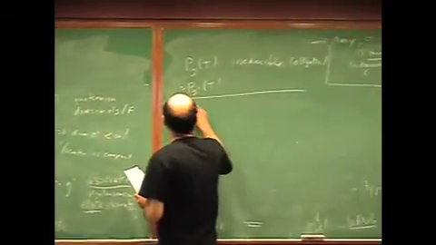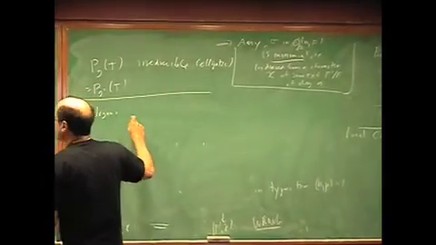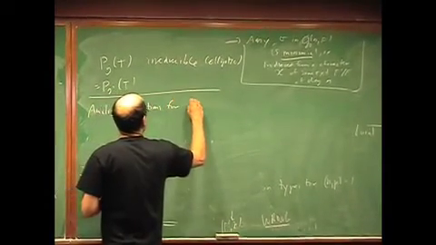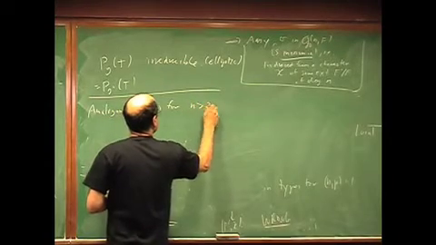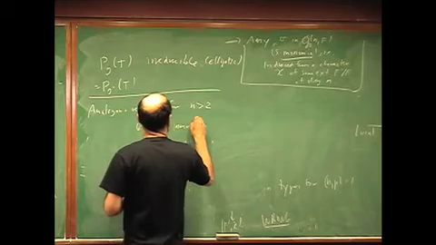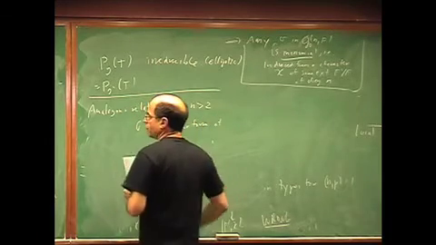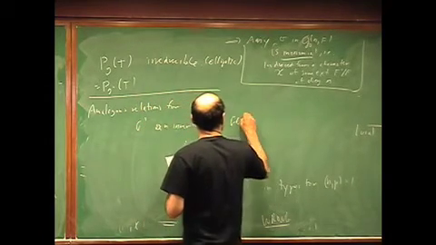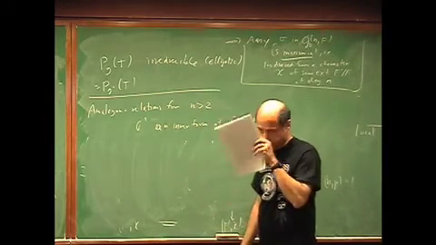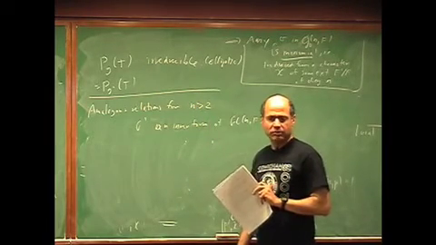So there are analogous relations for n greater than 2 and G prime an inner form of GLn.